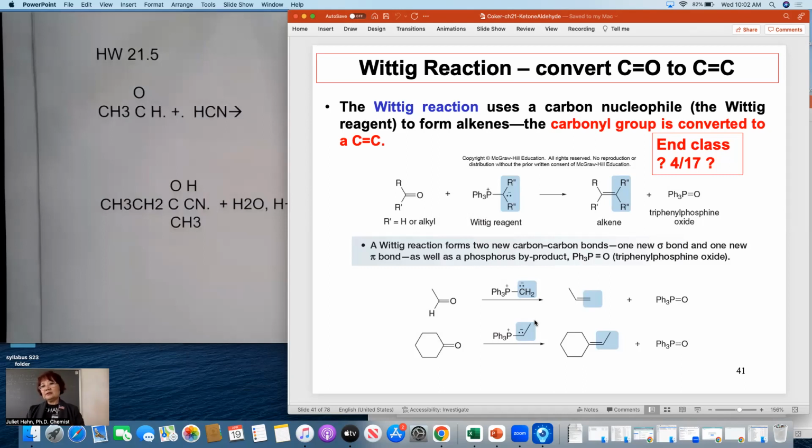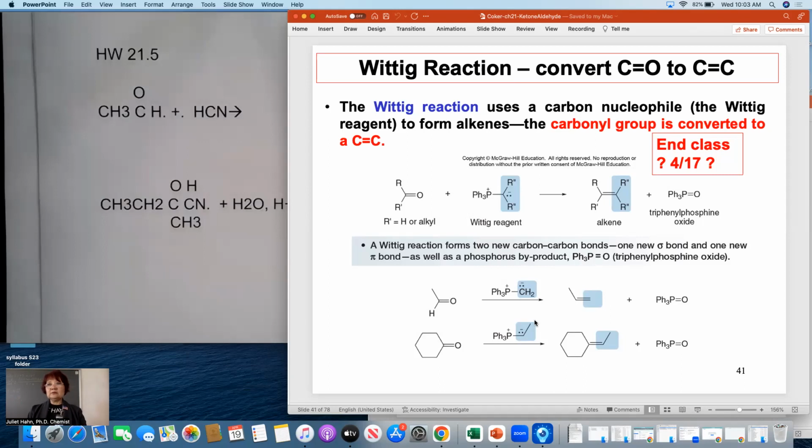So what I'm going to say is don't worry so much about the reaction mechanism of the Wittig. There are a couple of reactions in the remaining part of this chapter on ketones and aldehydes. For the Wittig and for the imine and the enamine reaction, just know the product. I wouldn't worry about the reaction mechanism.